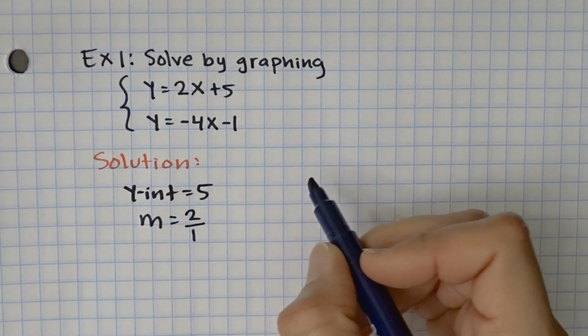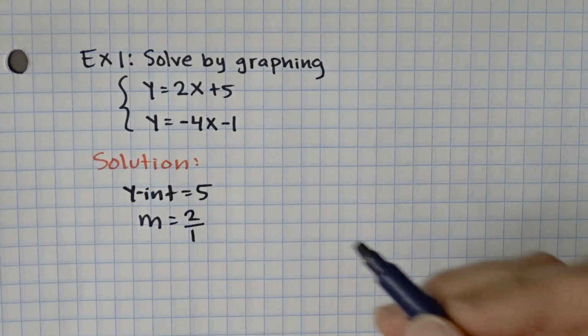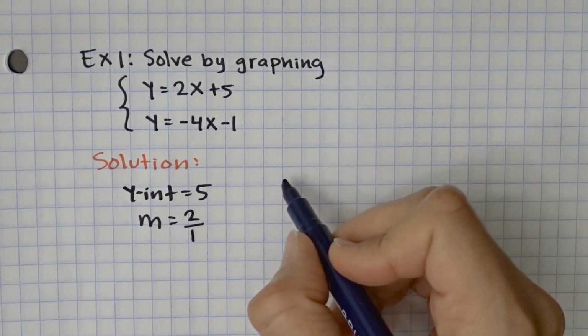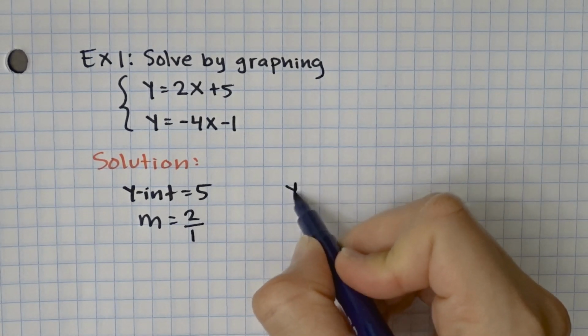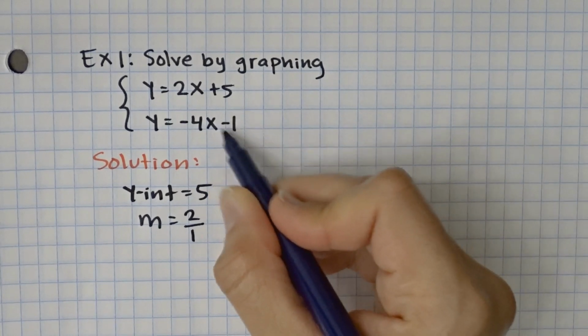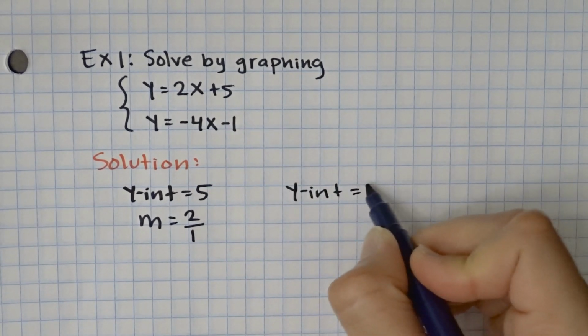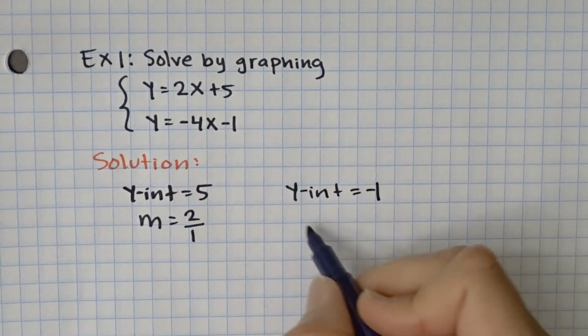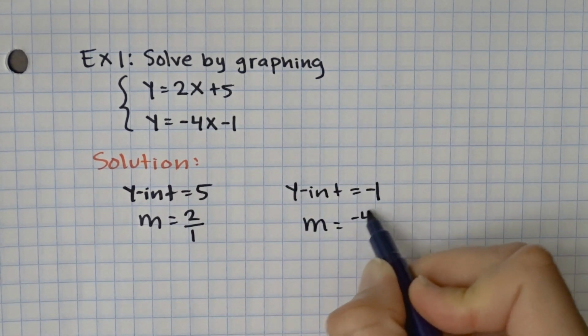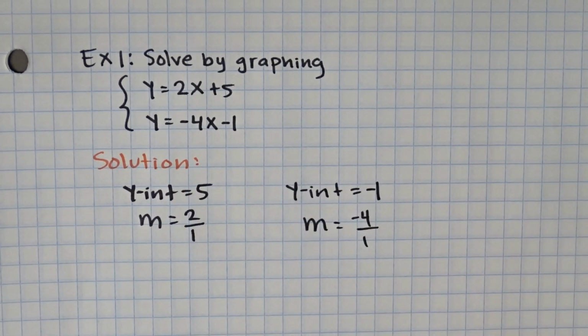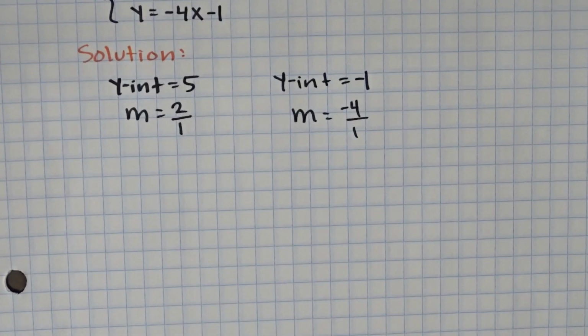And then the second equation I'm going to graph. The second equation would have a y-intercept of -1, and the slope is -4. Okay, so with that information, we're going to go ahead and create our graph.